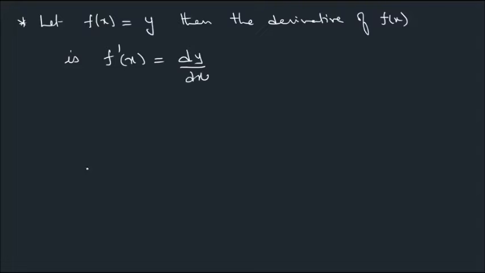So this is the way we write, the syntax we write, dy by dx. So any function, whatever function we take, we make the function as y and try to write the derivative.